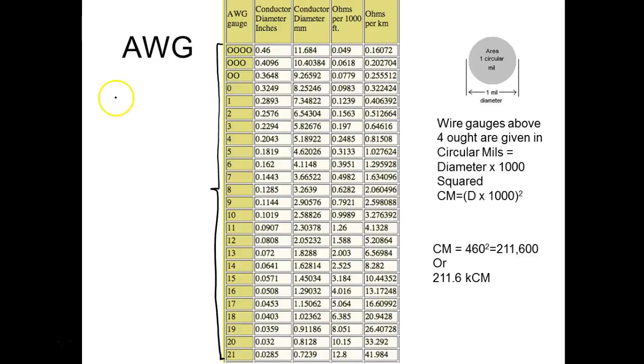What determines the resistance of the wire is, number one, the material it's made out of. Number two is the size or the gauge. Number three is the length. And number four, which they don't list there, is the temperature.